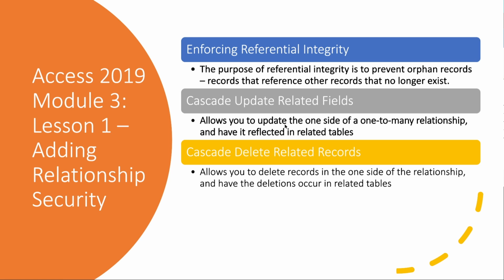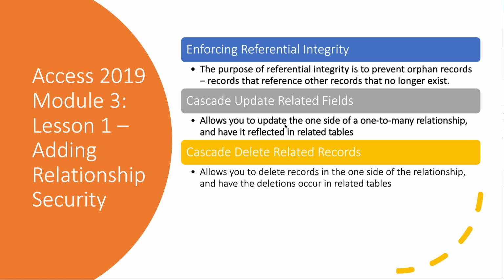And then cascade delete related records. Now this one requires a little bit more thought. If you delete a record in the one side of the relationship table, the records will be deleted in related tables. But sometimes you may not want that to happen. Like you may have a sales table or an orders table, for example, that you want to keep because it's historical data.